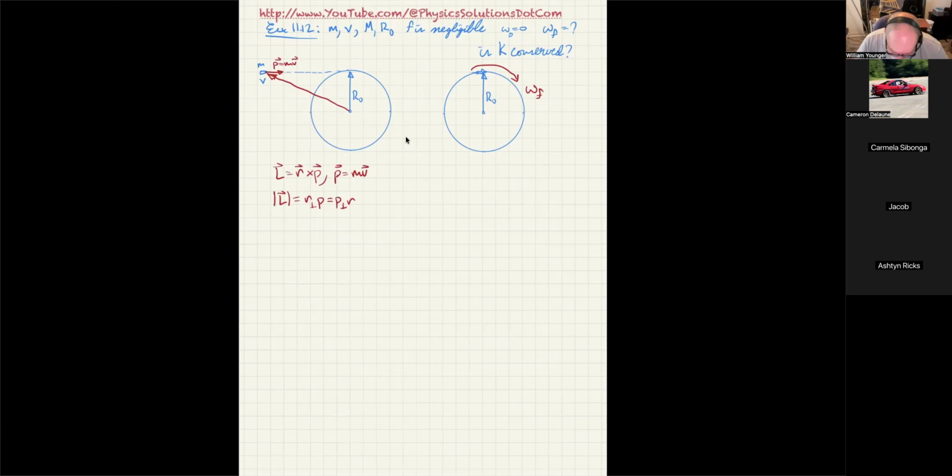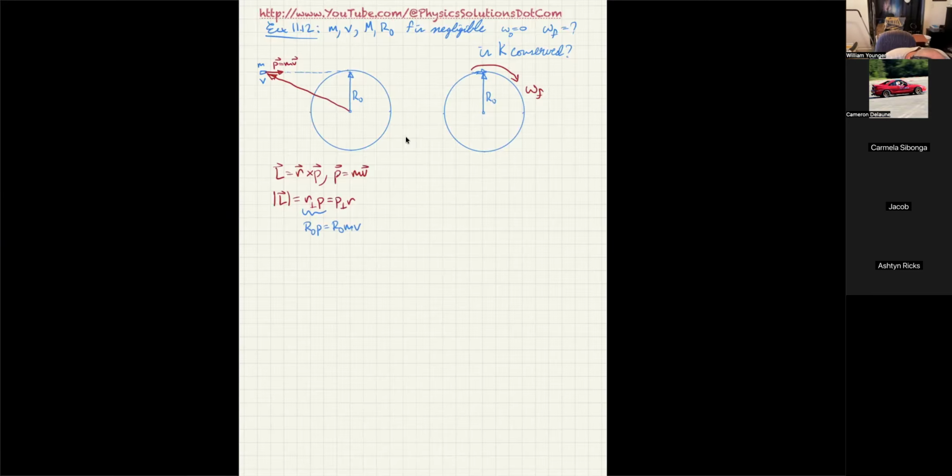If I take the component of R that's perpendicular to P, I just get R0 times P, which equals R0 times m times v.